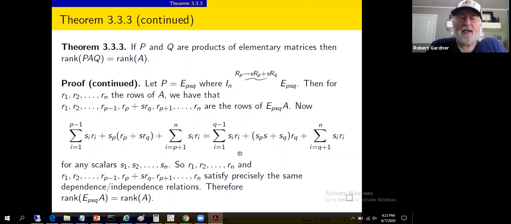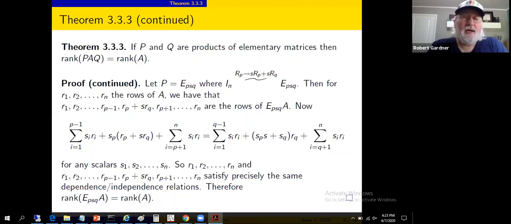It's a little more complicated because the indices get a little more shaken up in this one than they did in the first two. But we have the same dependence and independence relationships, so we have the same dimensional relationships, all of this being a conversation about rows. So the claim holds when we have a single elementary matrix on the left.